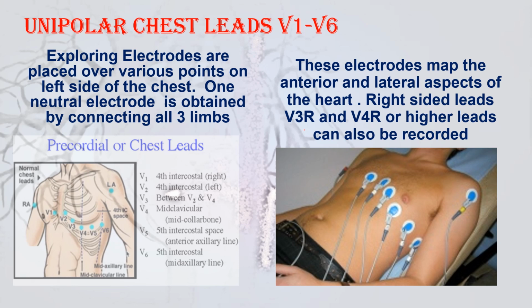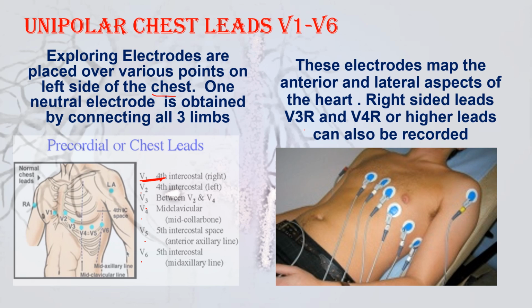And next is the unipolar chest leads. There are 6 unipolar chest leads: V1, V2, V3, V4, V5 and V6. The unipolar chest leads' exploring electrodes are placed over various points on the left side of the chest.